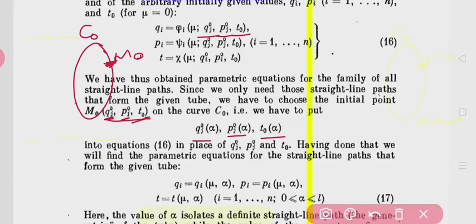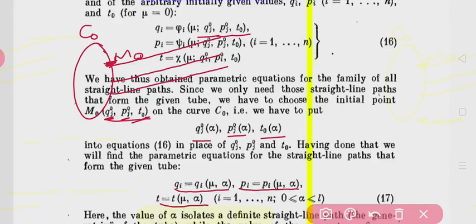Now you have to find the parametric equation for the generatrix that is generating the tube. That will be given by qi a function of mu and alpha, pi also a function of mu and alpha, and t also a function of mu and alpha.